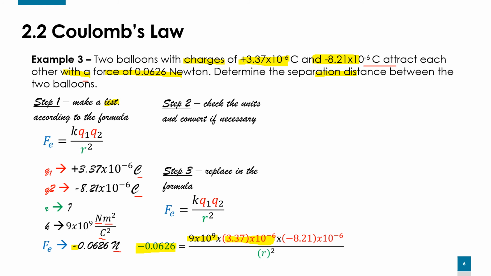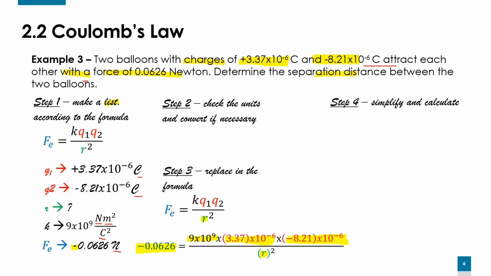My Q2, minus 8.21 times 10 to the power of minus 6. And my distance that I don't know, so I just copy it there. I just replace, that's it. I put in parentheses because now I have a lot of signs. So for you to not make any mistake, I recommend you put in parentheses too.